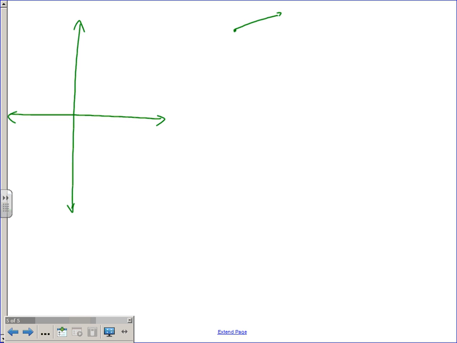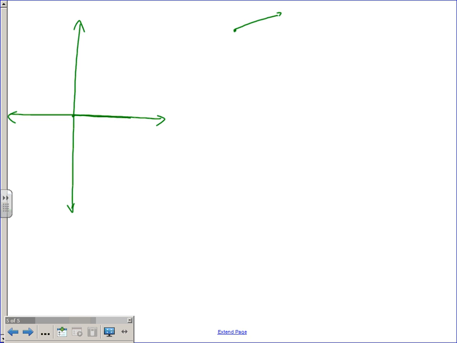Okay, so what we're going to do is start this ray at the origin. Okay? And if I run this ray right down the x-axis, how many degrees have I gone? 0. I haven't gone anywhere, right? Let's do a 30-degree rotation.